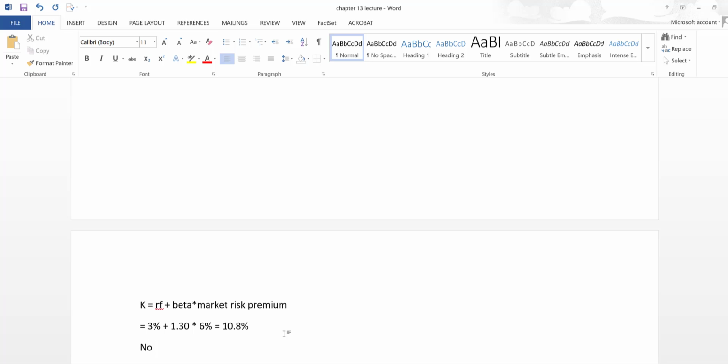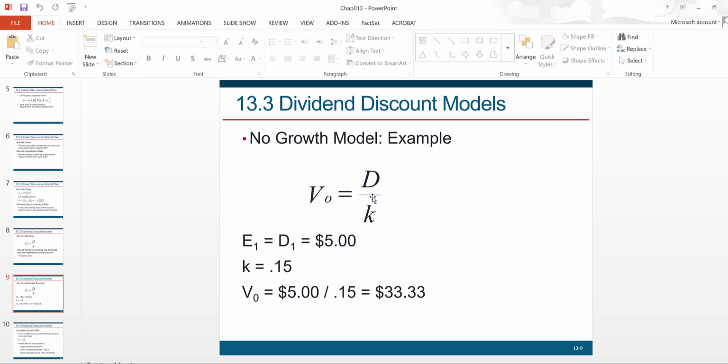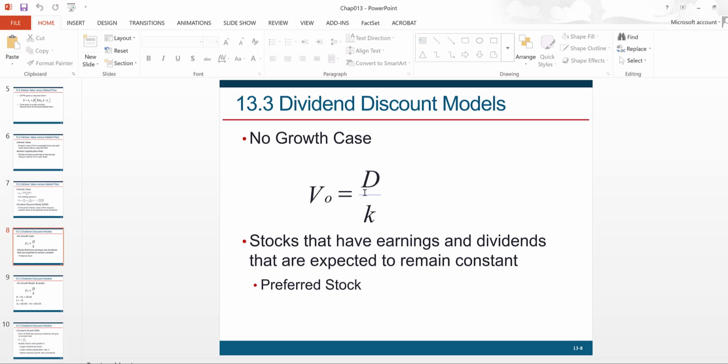All right, so that's the required rate of return. And then for the no growth case, if you recall from our lecture, the valuation is simply a perpetuity, the constant dividend paid forever. So the present value of perpetuity, that's the value here, the dividend amount divided by the required rate of return.